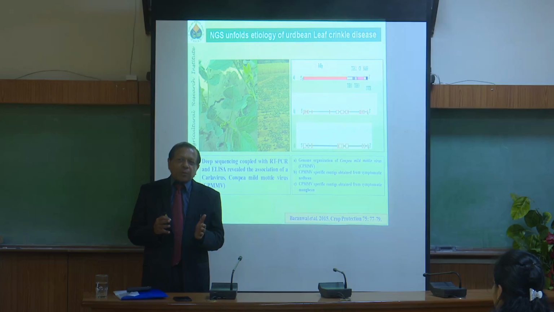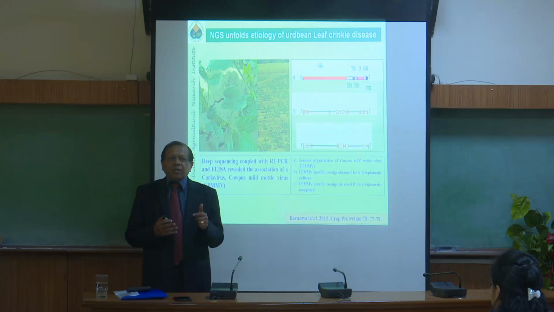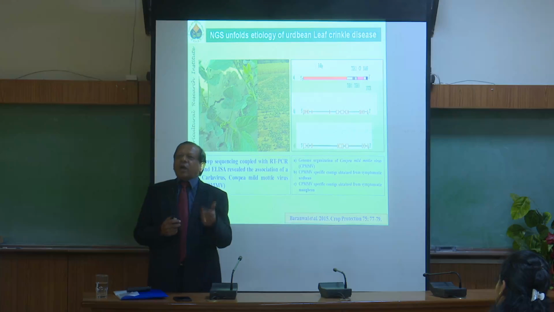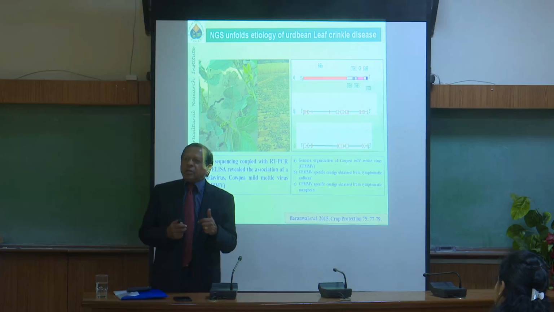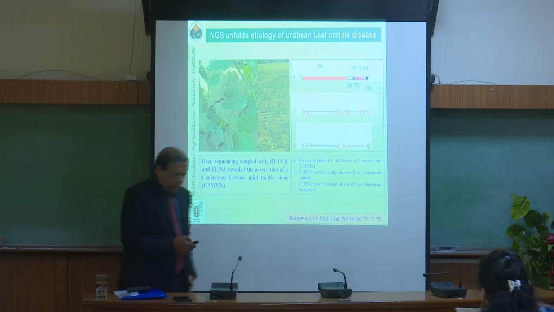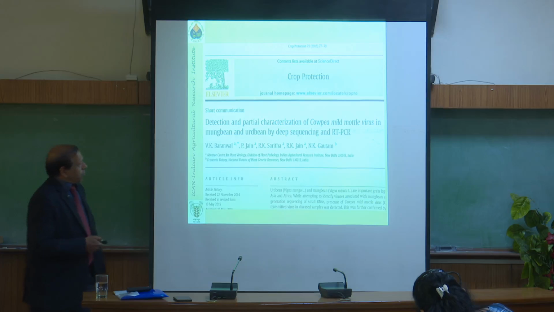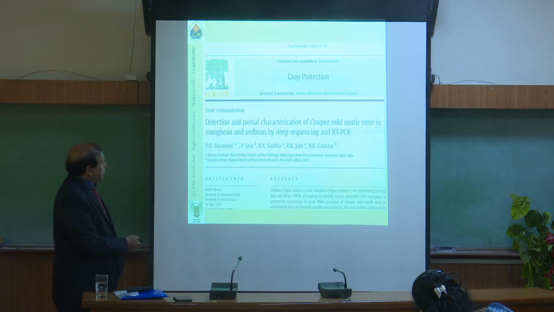But you are not checking the pathogenicity. You don't know infectivity. So, like ELISA and PCR, you have to perform bioassay to be sure that the given virus or fungi or the bacteria is the causal agent of the disease. So, bioassay is as important as doing ELISA or the PCR. As I said earlier, this information we published in 2014 in Crop Protection.